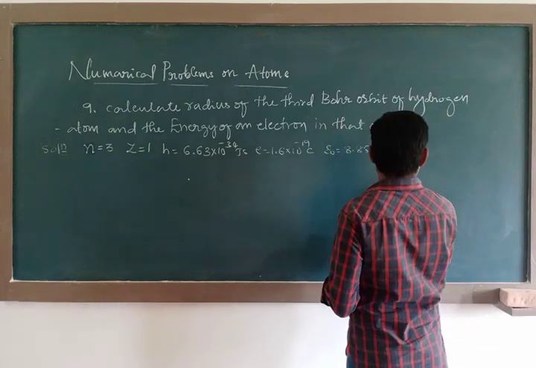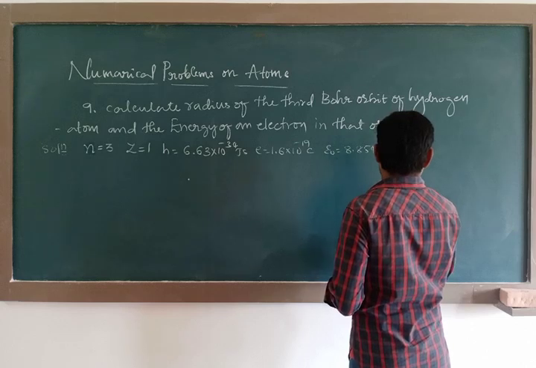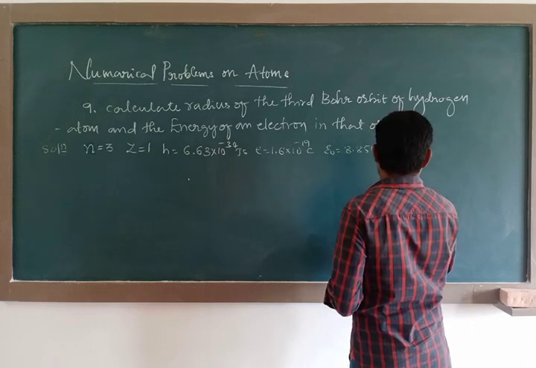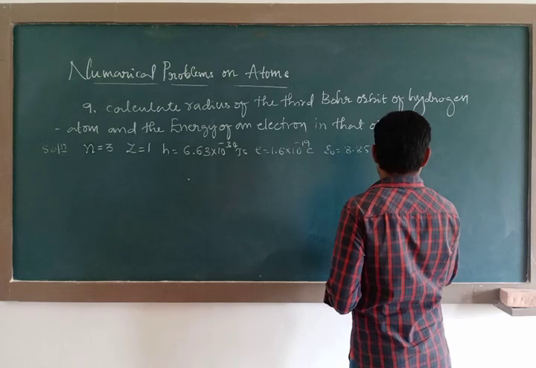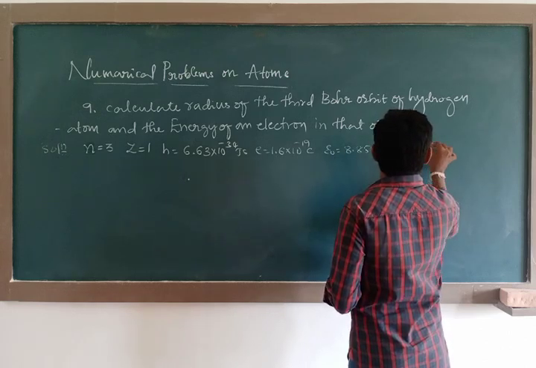Epsilon naught is per Newton per meter square coulomb square.